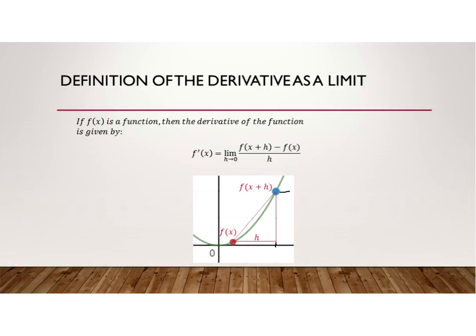What that means is, when I look at that triangle, that distance there, the horizontal run, is h. That distance there, which is the vertical rise, has gone from the value it was originally, which is f of x, up to f of x plus h.